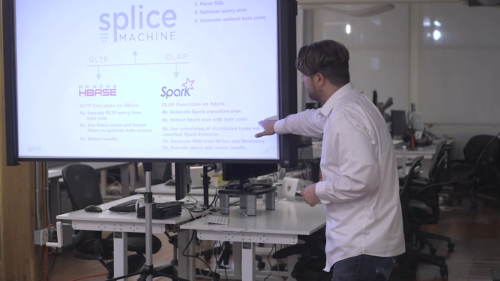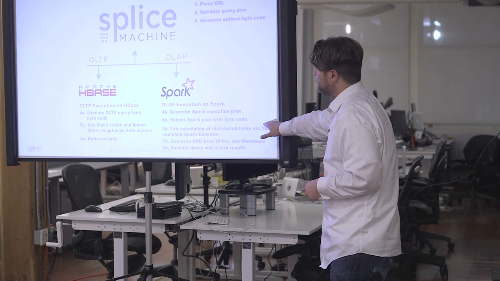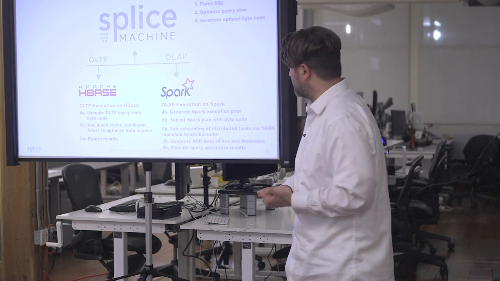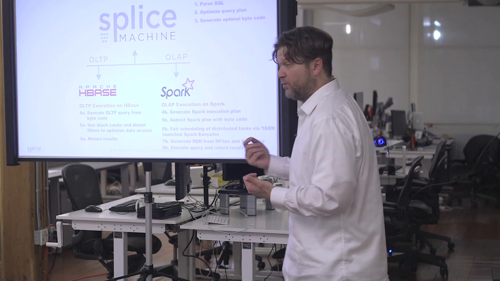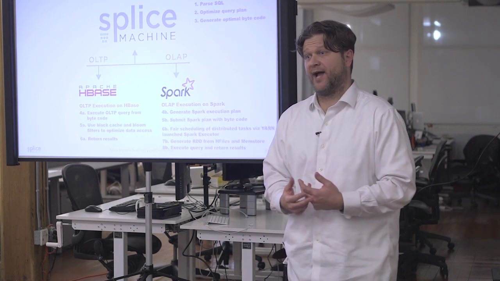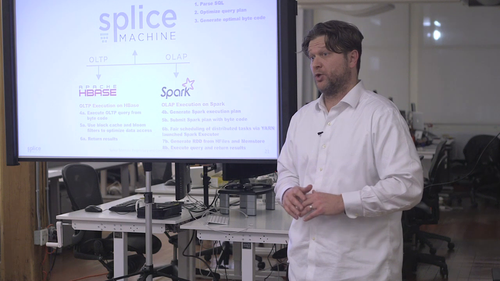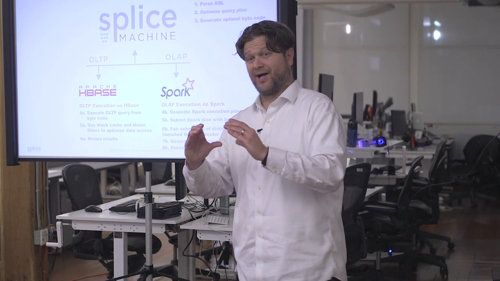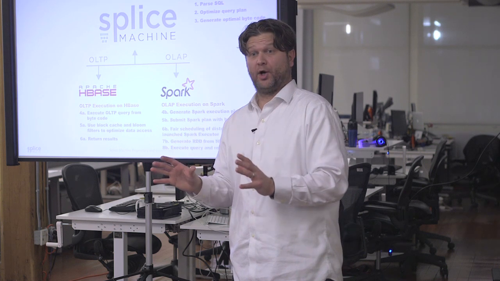So we submit the Spark plan with the bytecode. And when that happens, the fair scheduling piece of Spark kicks in. But most importantly, we go through Yarn. As a group, we made a commitment that we would use Yarn. So even our developers use little Yarn consoles, and that's how we run Spark.